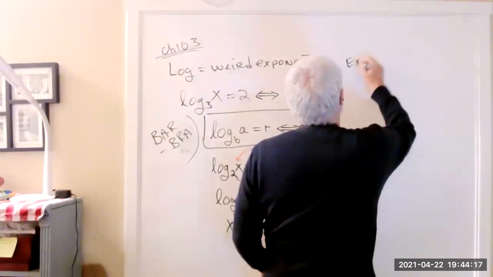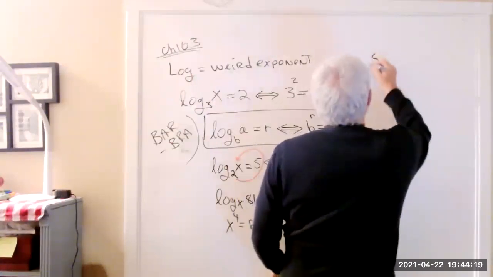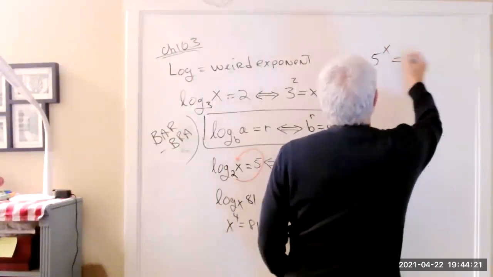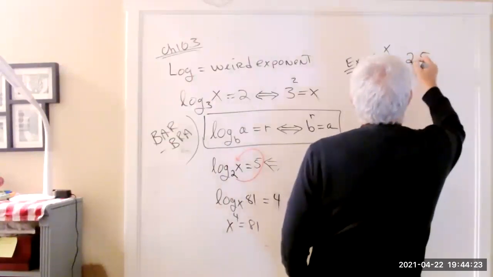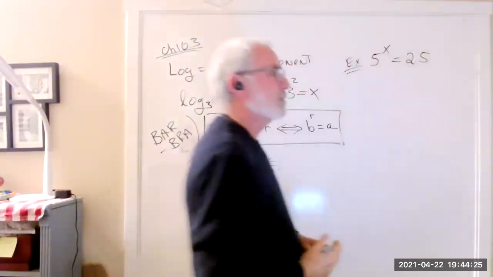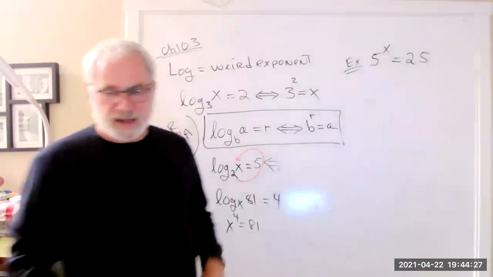New example. 5 to the x equals 2.5. See if you can solve that.